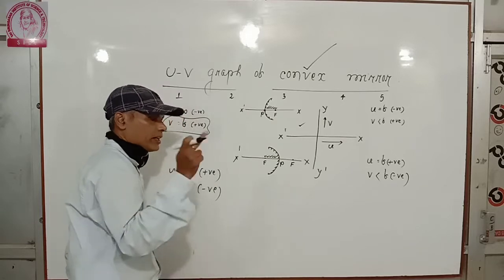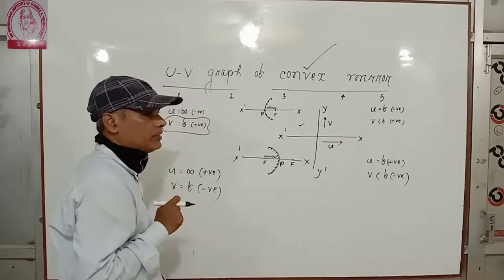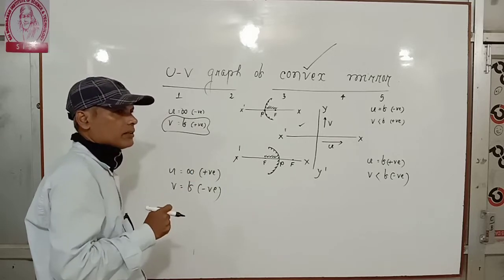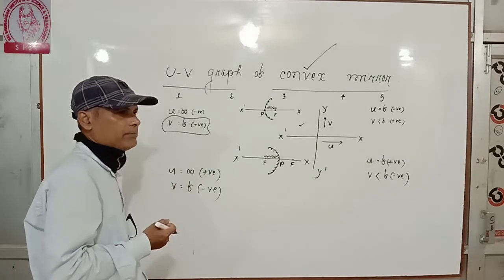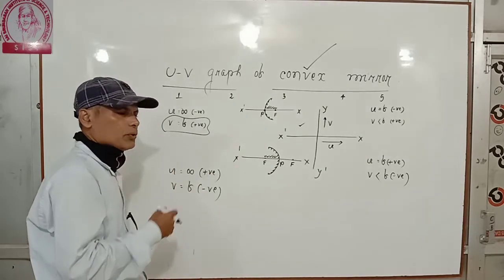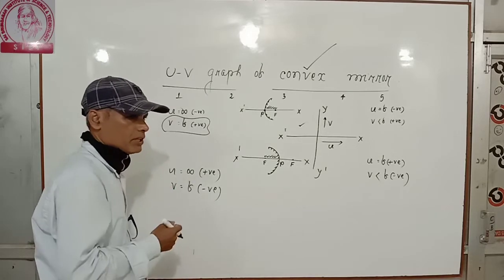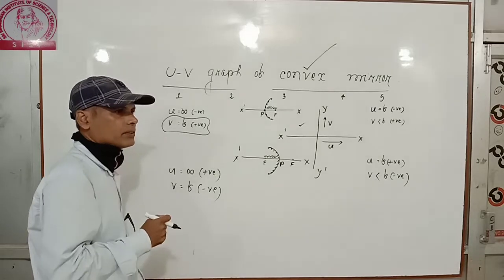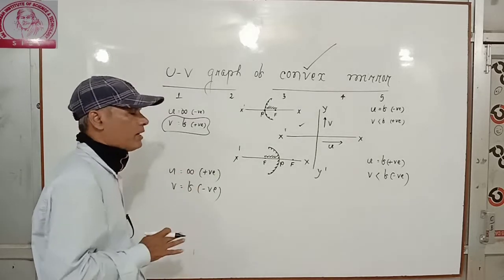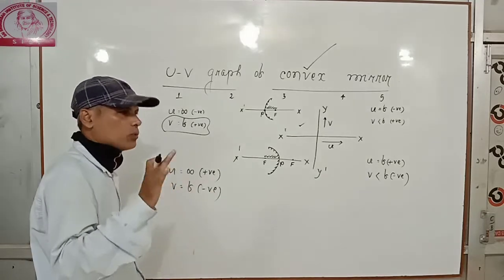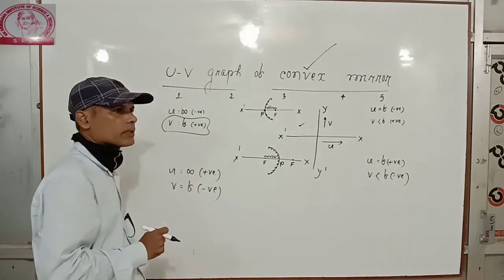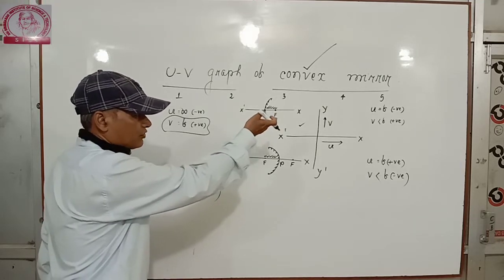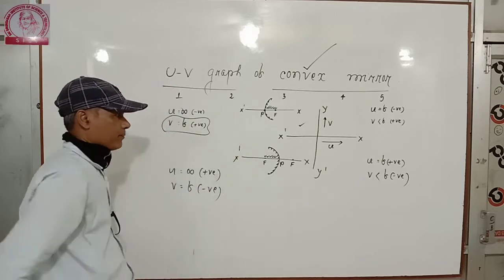In concave mirror, we have chosen the first quadrant and third quadrant because U and V both have the same sign convention. When U is positive, V is positive. When U is negative, V is negative. That's why the UV graph, which was a hyperbola, was drawn in the first and third quadrant.